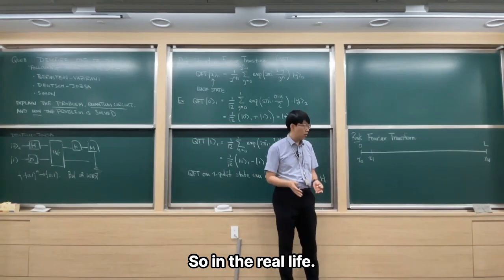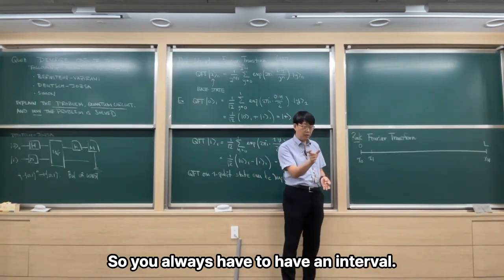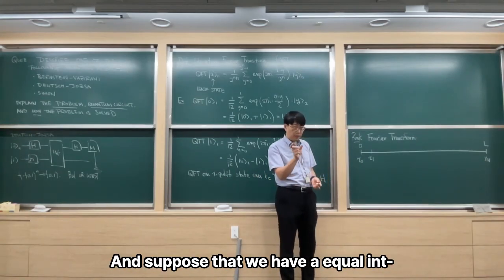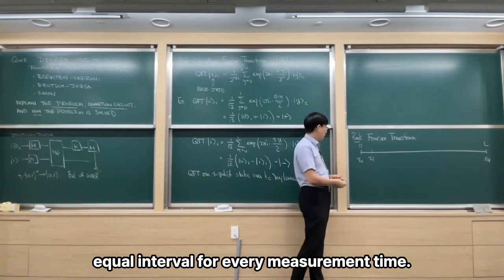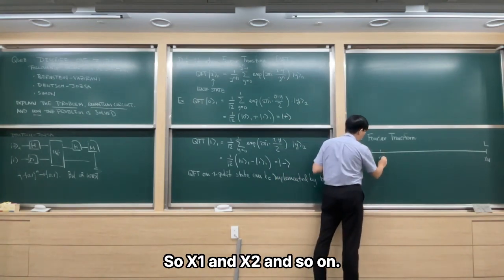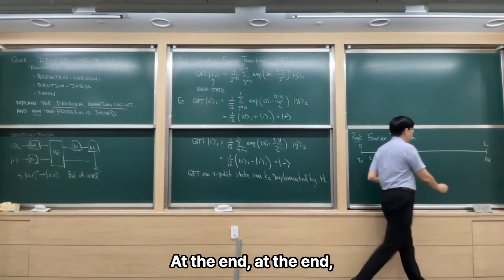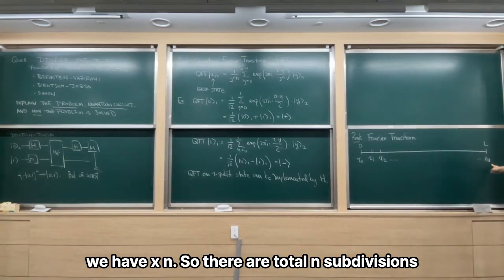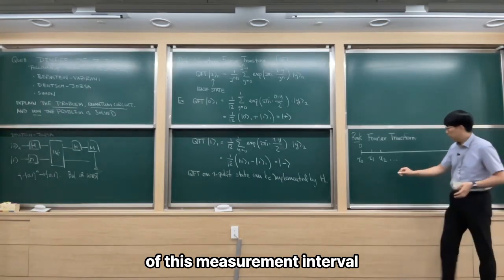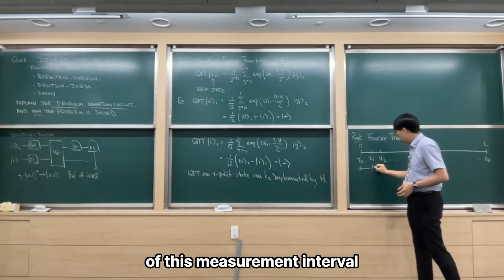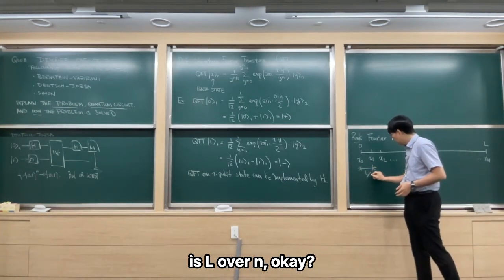In real life you always have to have an interval, and suppose that we have an equal interval for every measurement time. So x1 and x2 and so on. At the end we have xn. So there are a total of n subdivisions or subintervals, and the length of this measurement interval is L over n.